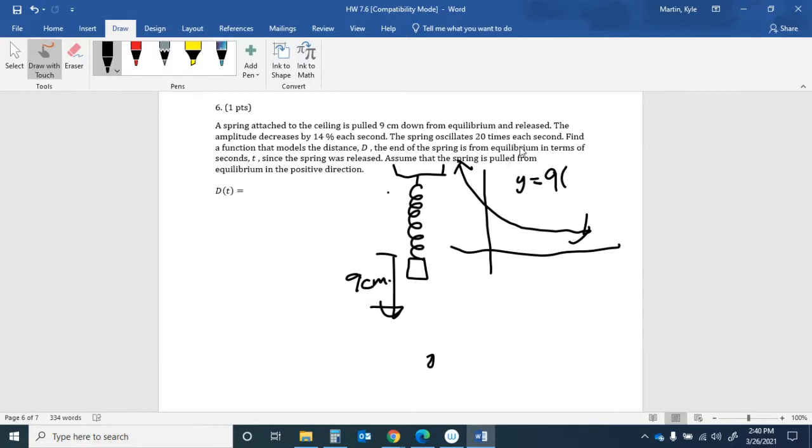We're losing 14% from the 100% that we start with. So that's 86, but as a decimal. So our base for our exponential decay function is going to be 0.86 to the t power. So this is the equation of our midline.